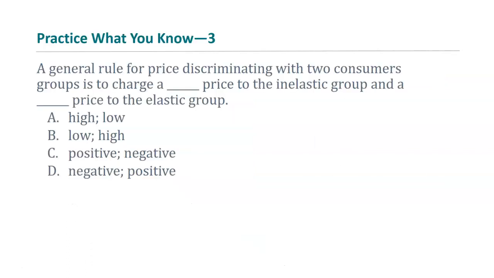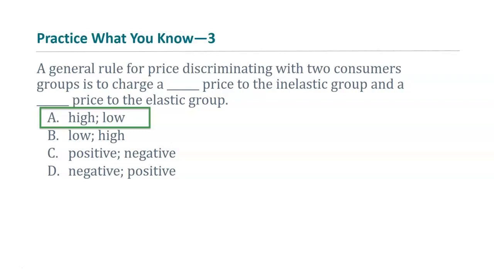So back to harp on this as a general rule for price discriminating with two consumer groups. What we do is we charge a higher price to the inelastic group and a lower price to the elastic group. So if we have a couple of groups, then we separate them by their willingness to pay. And those who are willing to pay more, we charge more to them.